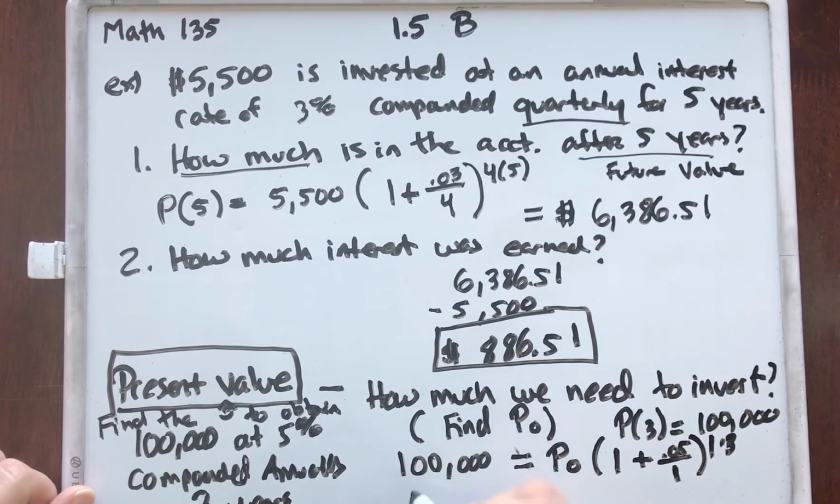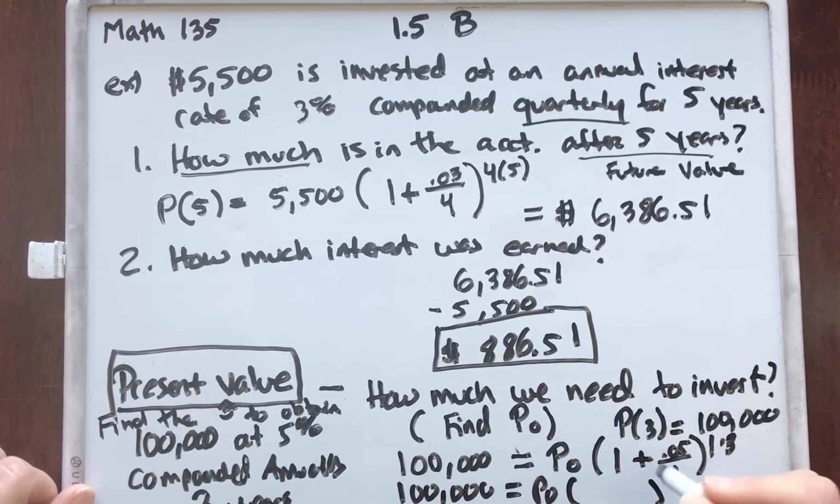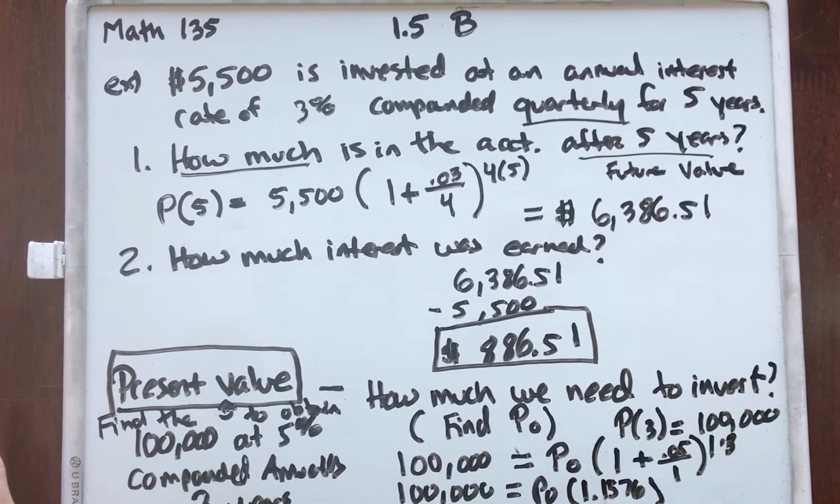So if we continue algebraically, we have P naught times whatever that is, and that's 1.1576. Now, how do we find P naught?